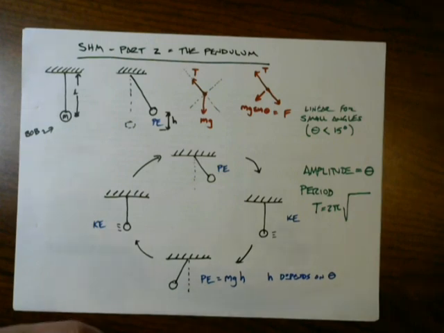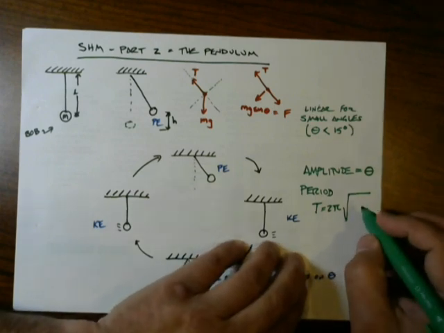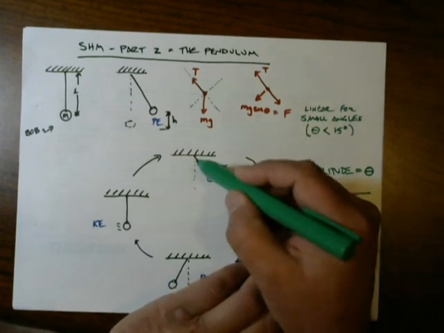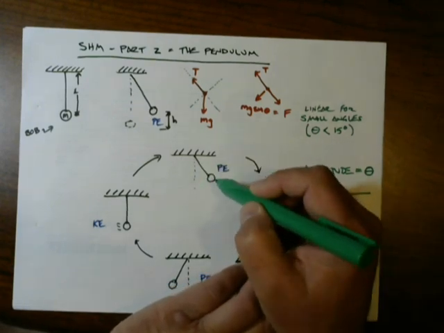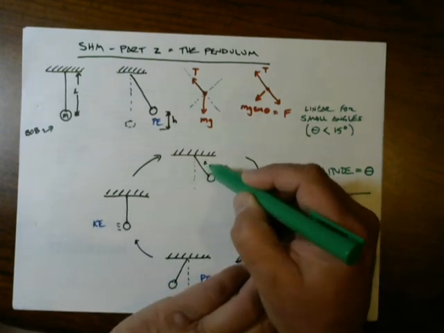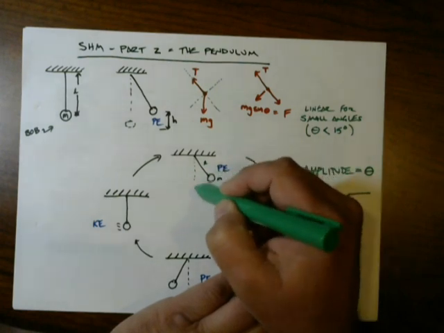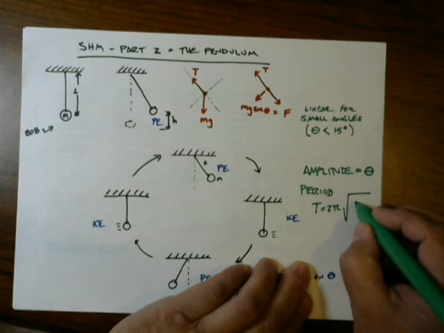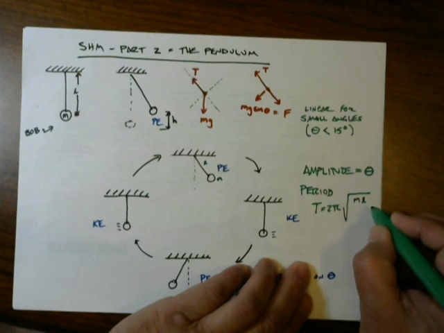And then we have to think about what is causing this to happen. It turns out that the inertial term is the resistance of this system that has a length L and a mass m to being rotated. And that has everything to do with the mass and the length of the pendulum.